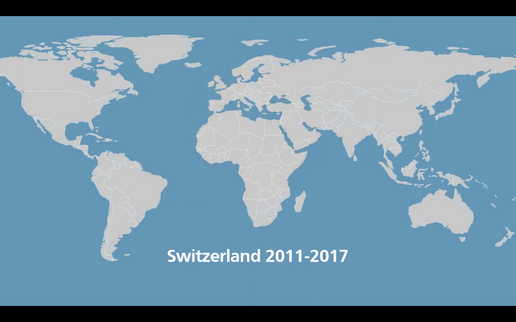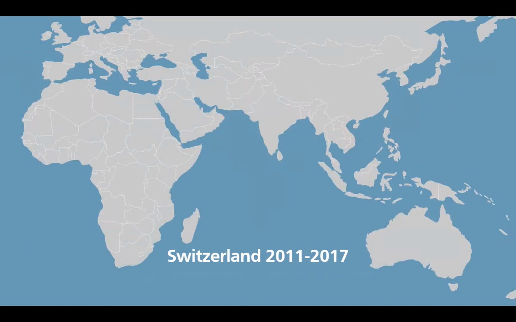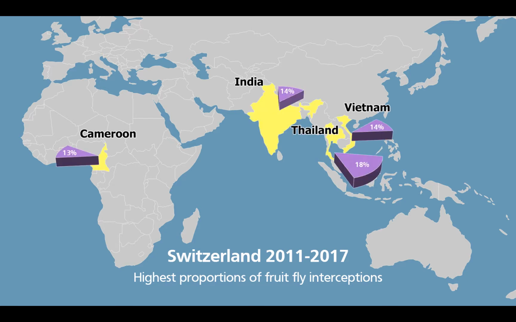During the observed time period, a total of 139 shipments from 19 different countries of origin were found to harbor harmful fruit flies. The countries with the highest proportions of fruit fly interceptions were Cameroon, India, Vietnam, Thailand, as well as Sri Lanka.